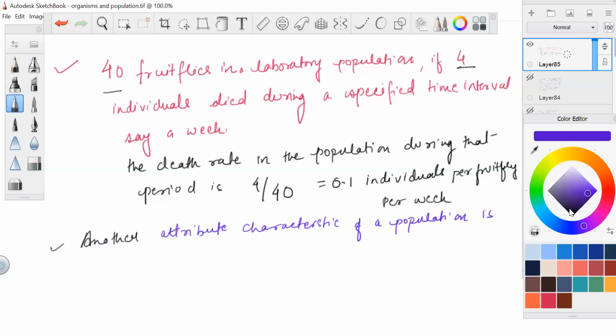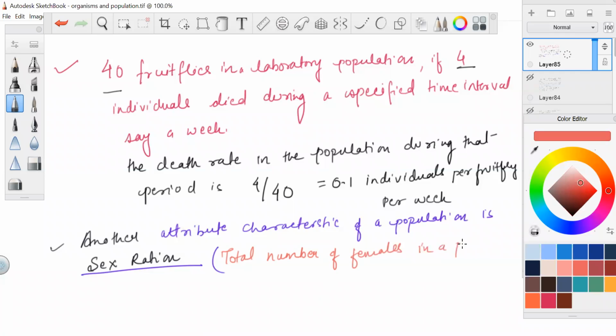Sex ratio is the total number of females in a population per 1000 males.